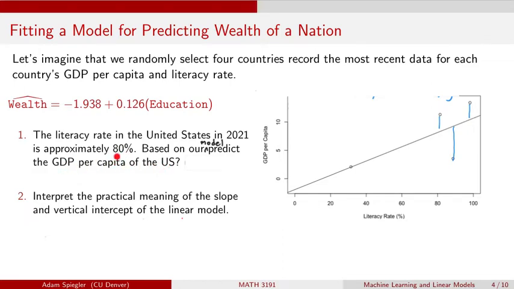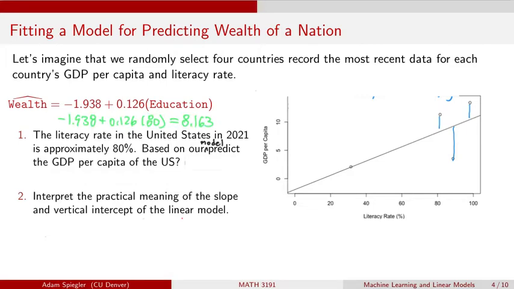And so based on their literacy rate being 80%, what is the prediction for the GDP per capita of the US? We can just plug in the value that we've observed for the literacy rate into this formula and simplify. This solution is given on the Google Colab notebook, which is linked below.